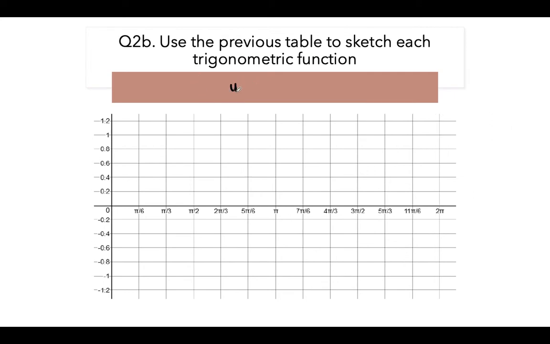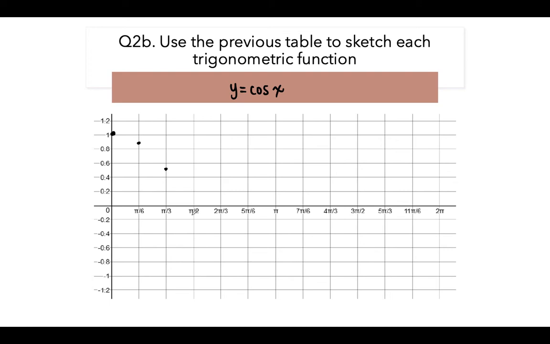Next, we are going to draw a cosine graph, cosine x. So look back to your chart, and at 0, my cosine is starting from 1. And then at pi over 6, we get square root 3 over 2, which is 0.87. And then at pi over 3, I get 0.5.